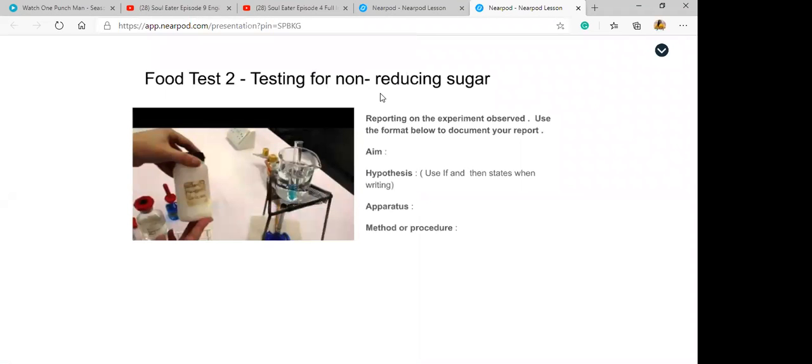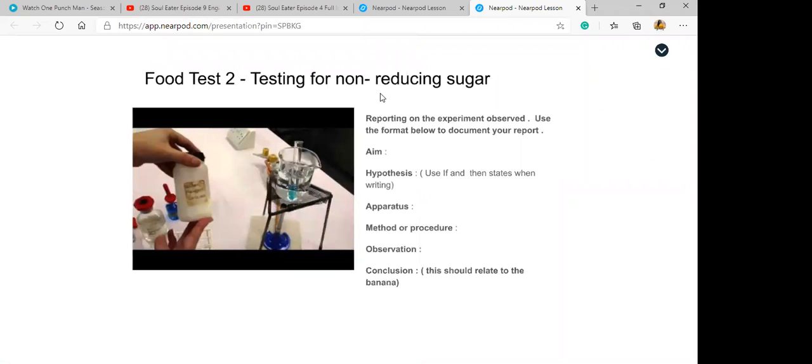All right. So this now would have been another test where you test for the non-reducing sugar. But our next class, we'll pick it up from here.